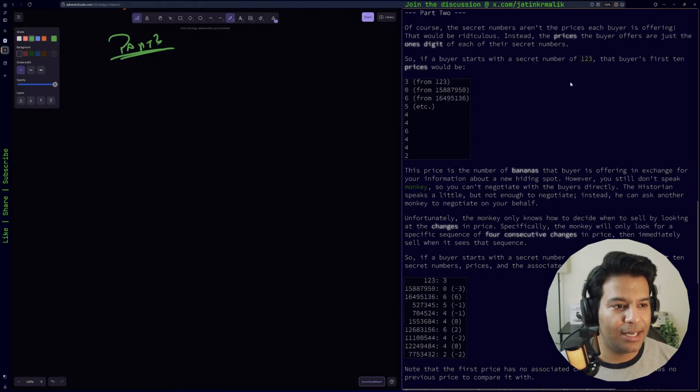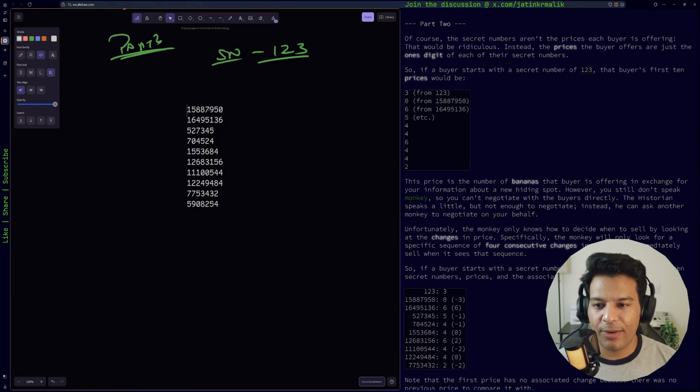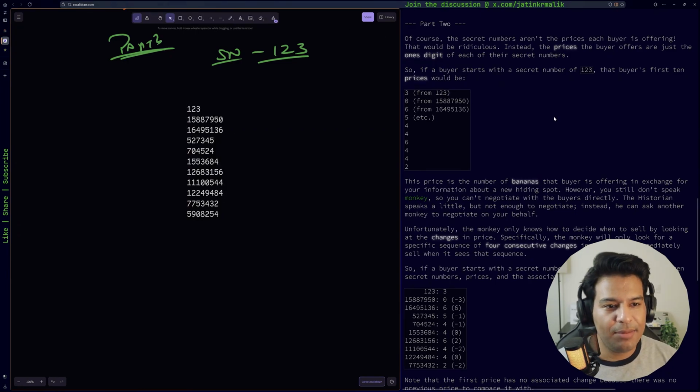So if the buyer starts with the secret number 123, the buyer's first 10 prizes would be these. And how are we calculating these? Oh, okay. I remember calculating this value, right? So if we were given the initial secret number as 123, we had this sequence that we calculated above in part 1. I just copied it from there. And it seems like the prize would be the last digit of your secret number.